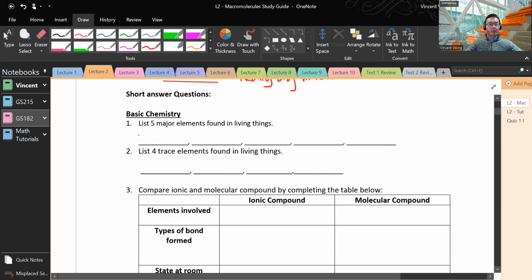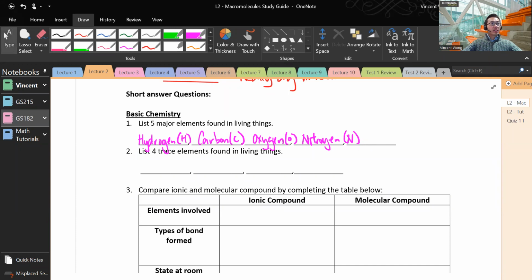Yeah, we have hydrogen. Very good. Symbol for hydrogen is H. Carbon is another one. Yeah, there's also oxygen. Very good. Nitrogen. There's one more. What are we missing here?